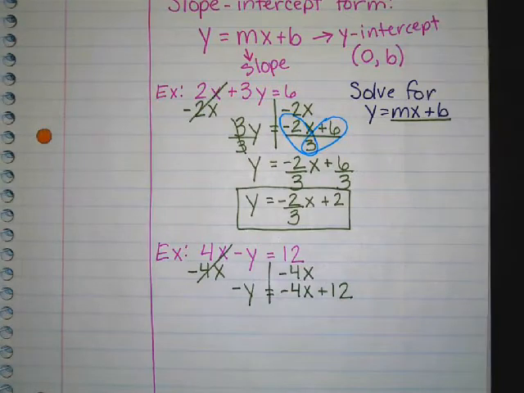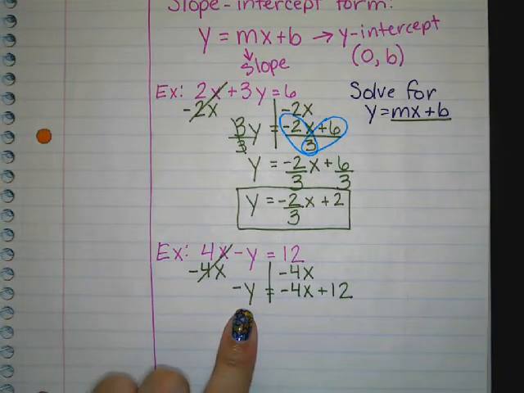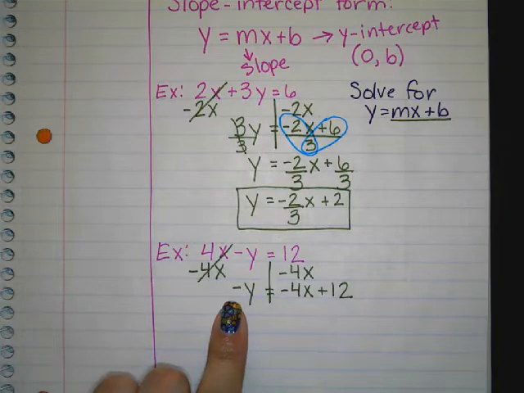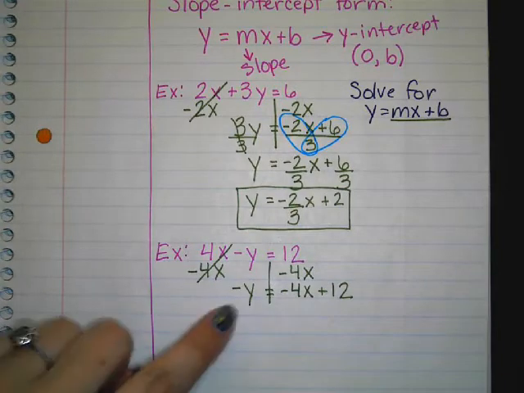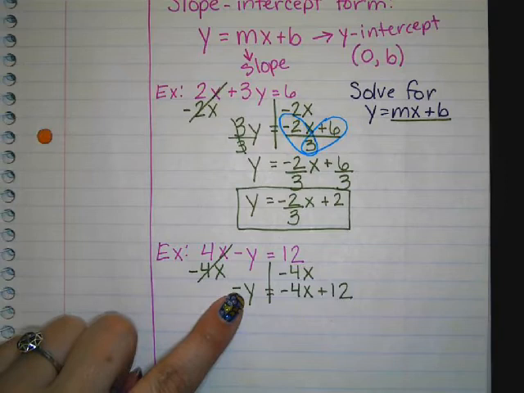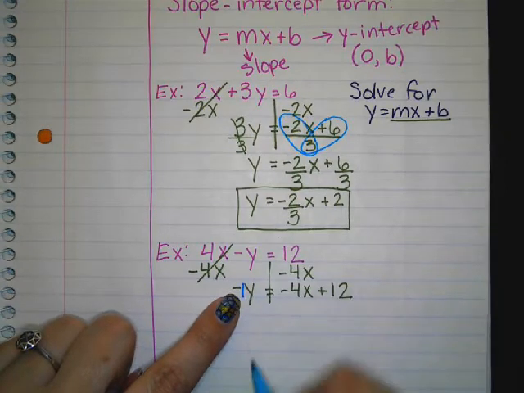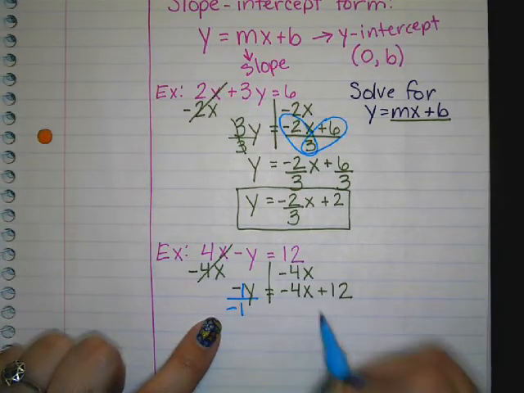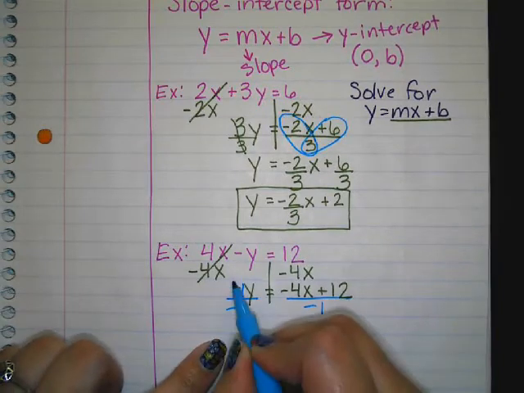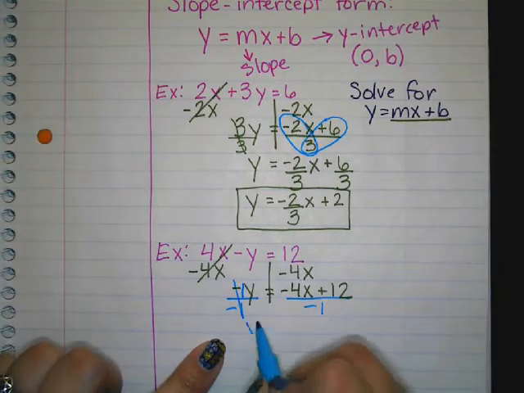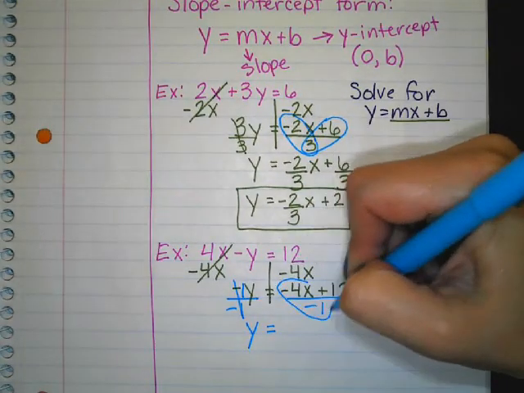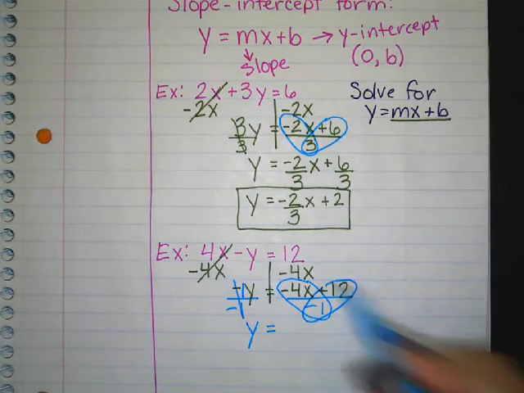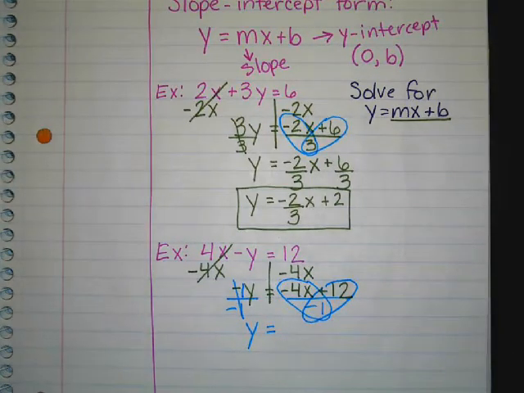Now my last step here: I do have y by itself, but there's a negative sign in front. We want y completely by itself, and it needs to be positive. To get rid of this, this is really negative 1 times y, so we can divide by negative 1 on both sides. We're left with y equals, and again, these are two different terms. We're dividing by both of those, not multiplying.